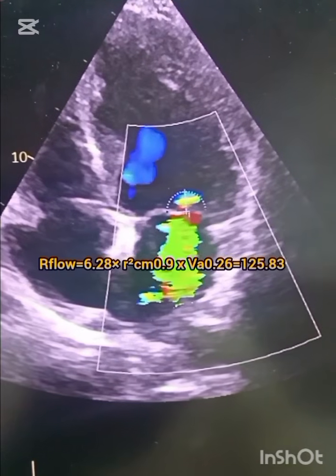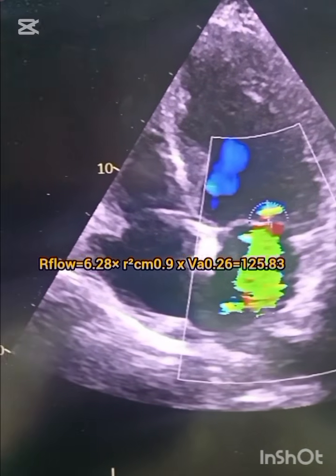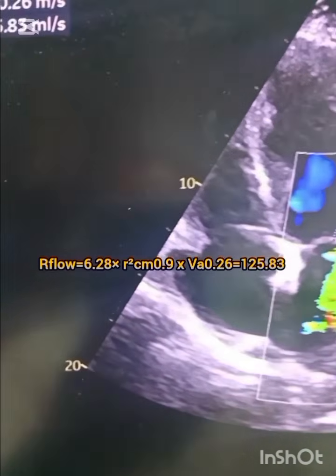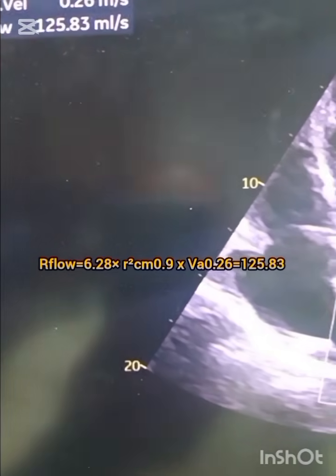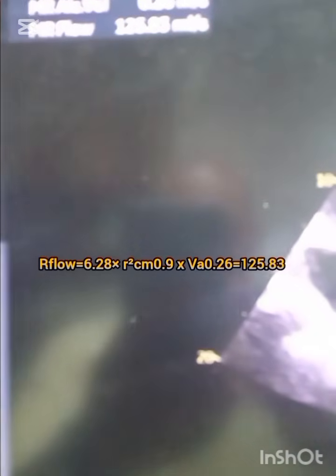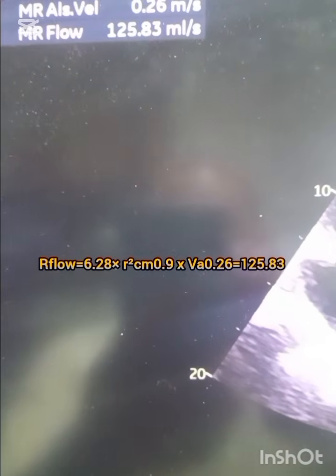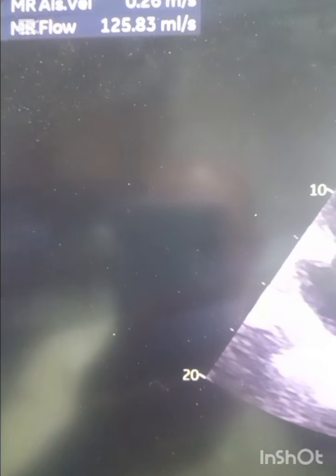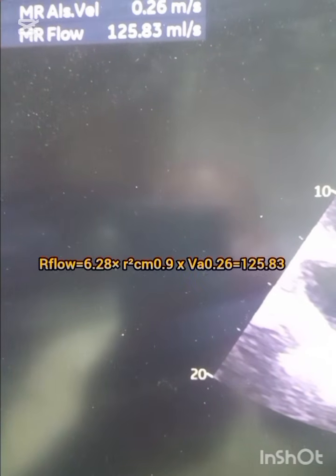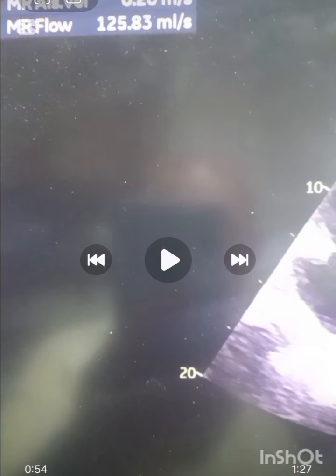We multiply it by the aliasing velocity, which we have as 0.26 meter per second, which equals the regurgitant flow of 125.83 milliliter per second. So this is the regurgitant flow.